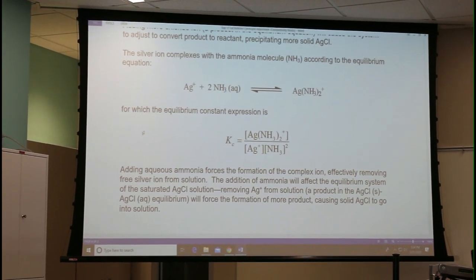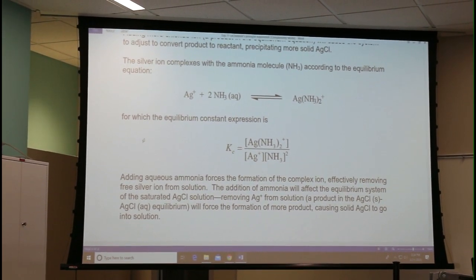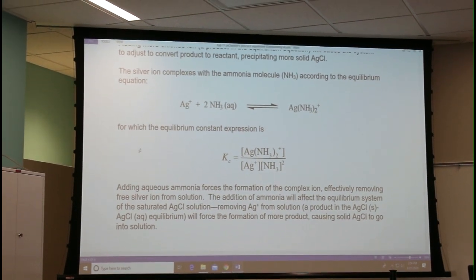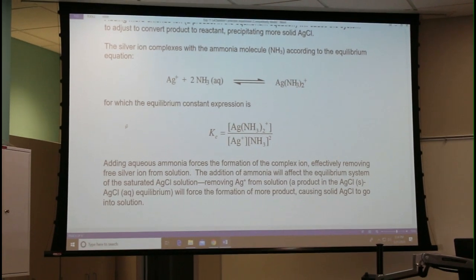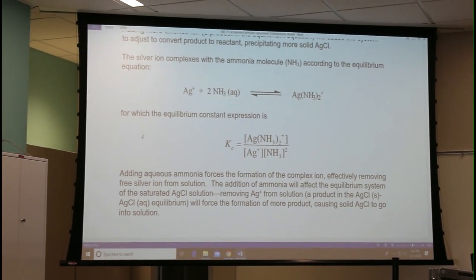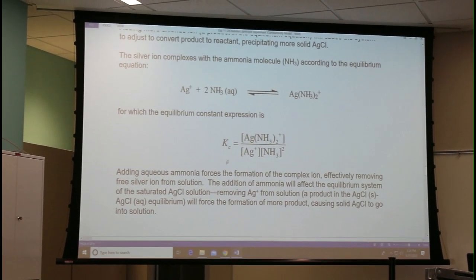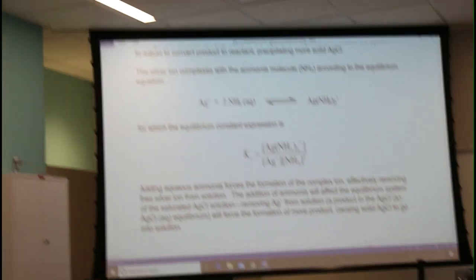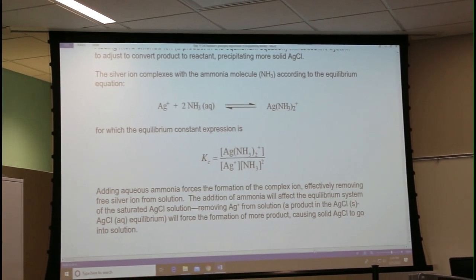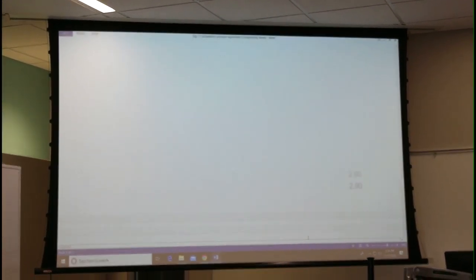And you can see that in that equilibrium, the ammonia is in a sense reacting with the silver ion to produce that complex ion that's over on the right-hand side of the chemical equilibrium equation. We kind of explain, again, more information than we should give you probably, what's going on as we do these experiments.